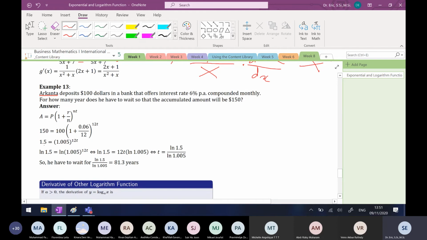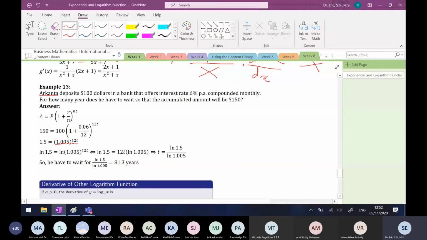So I have something equals something to the power of something. How do I find the exponent? Using logarithm. So we usually use the natural logarithm, ln. So ln of 1.5 equals ln of this.